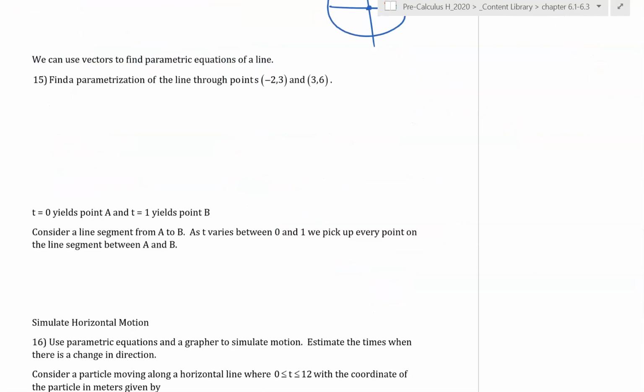Okay, we just did an entire unit on vectors, so we can use vectors to find parametric equations of a line. Let me give you a visual here.